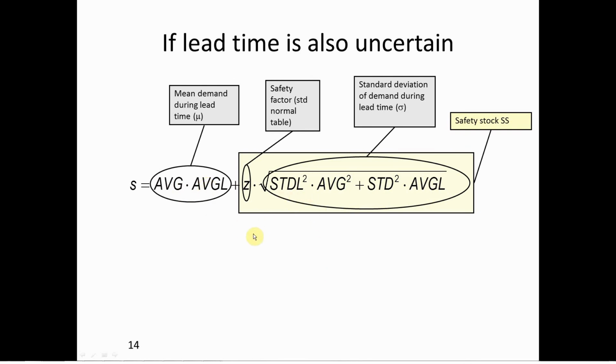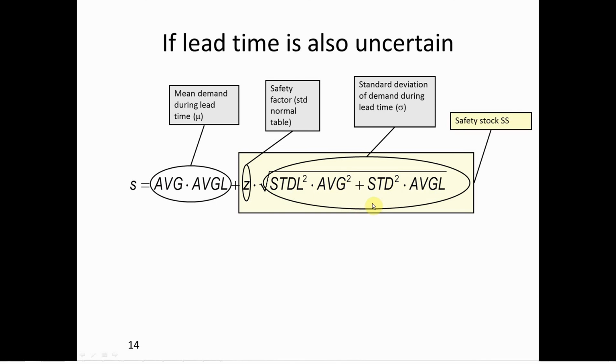If the lead time is constant, the standard deviation of lead time, STDL, would be 0, so that term multiplies by 0, and we get the same formula that we had before.